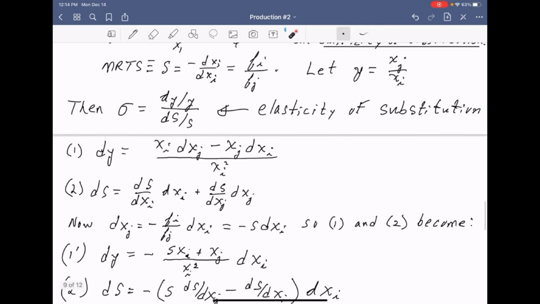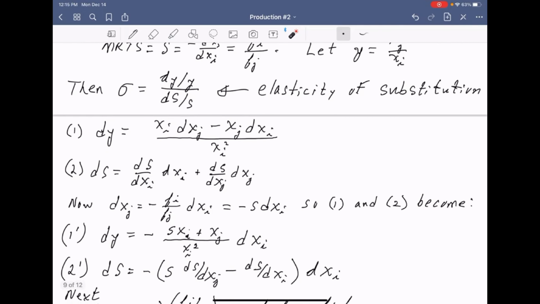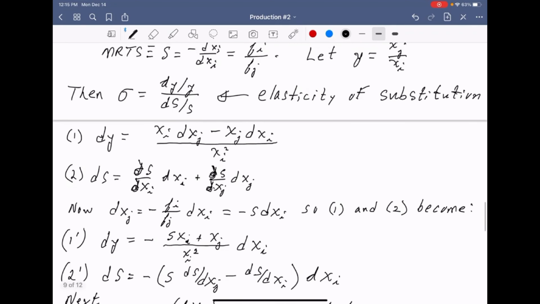So when we do that, we get dy is equal to xi times dxj minus xj dxi over xi squared, and we get that ds is the derivative of s with respect to xi multiplied by dxi, and we have a slight error here in that these should be partial derivatives instead of full derivatives, because we have s as a function of xi and xj.